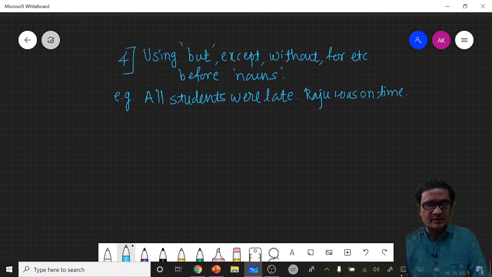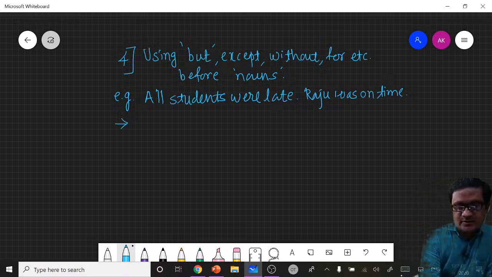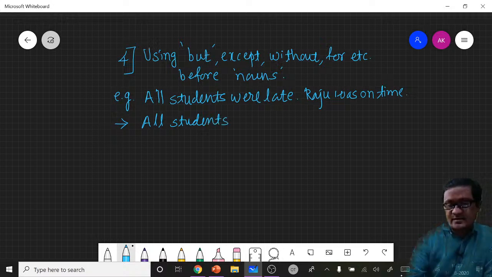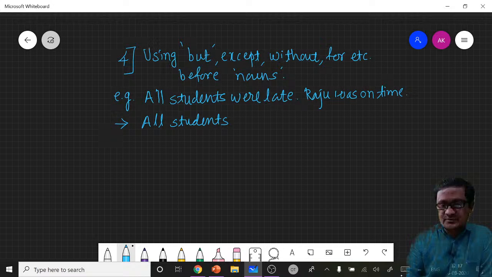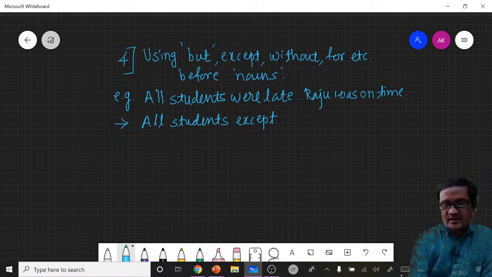So how can we convert it into affirmative sentence? So this is the idea. All students. This is also noun. You may easily understand students is the plural noun. All students. Here I am using except. We can use but too, except Raju.